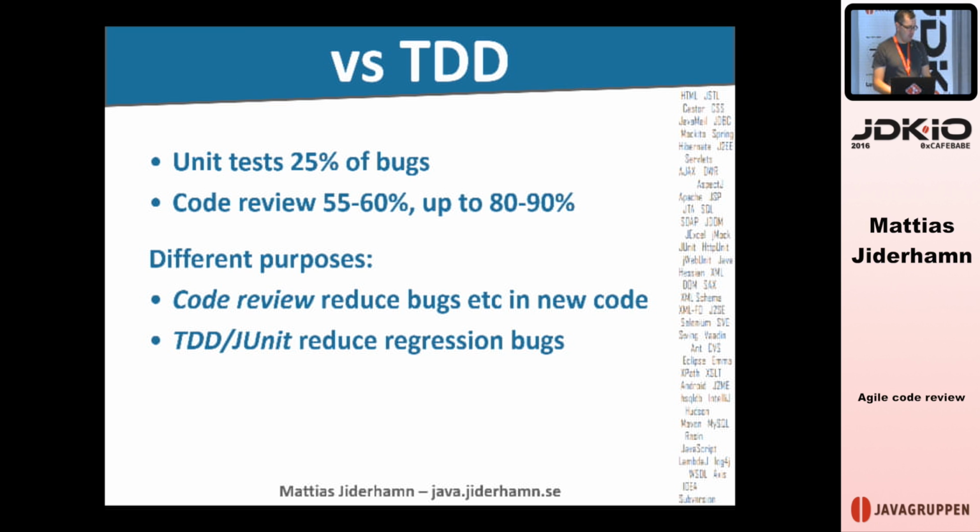Though there are some problems with JUnit testing, it can be quite expensive if you have very complex code. There's something that's called cyclomatic complexity. It's a measurement of how complex your code is, and it actually measures the number of different execution paths through a method. And the recommendation is to try to keep the cyclomatic complexity under 10.